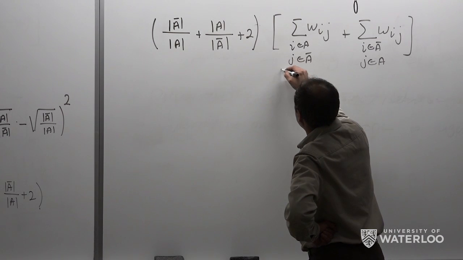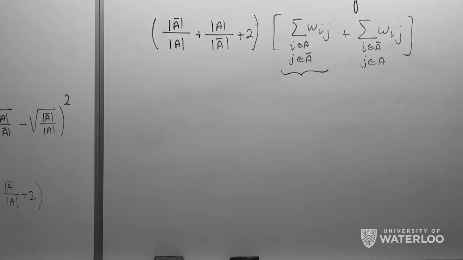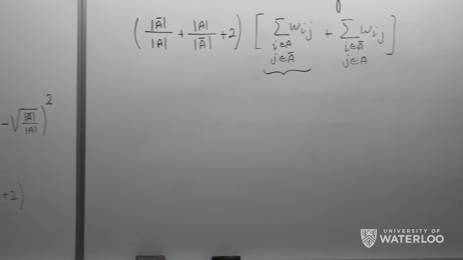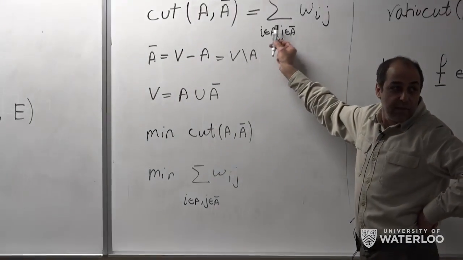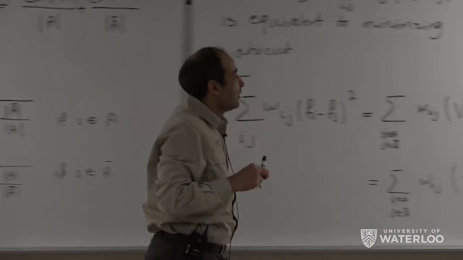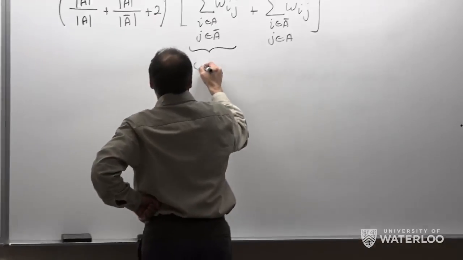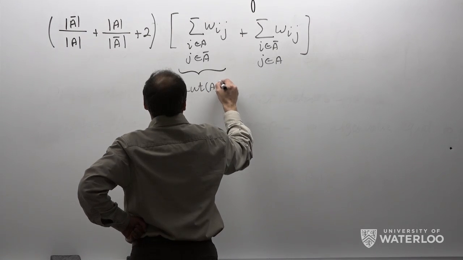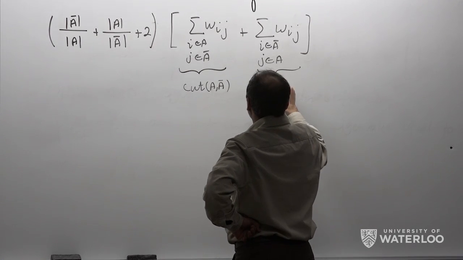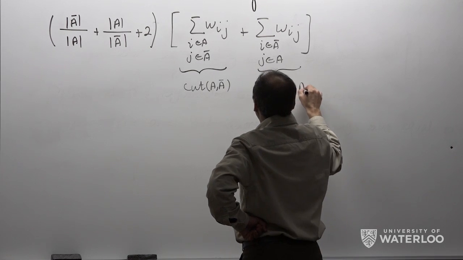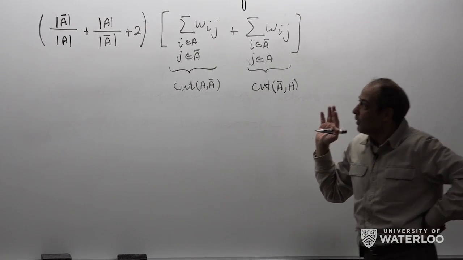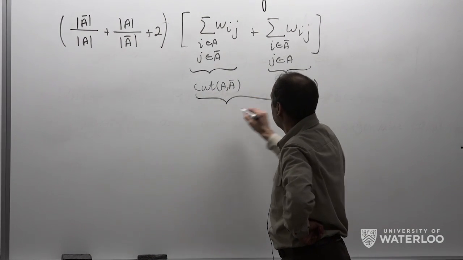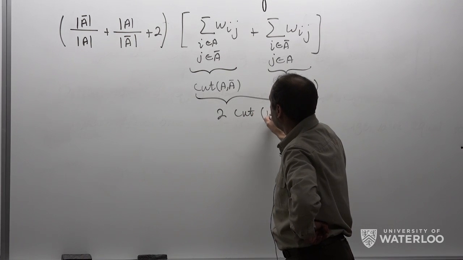So what is this quantity here? It's cut, right? So this is cut(A, A bar). This is also cut(A bar, A), and they are the same. So this is basically 2 cut(A, A bar).